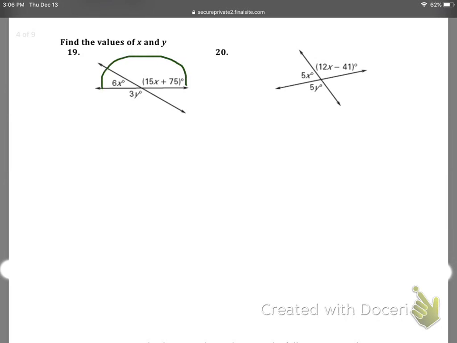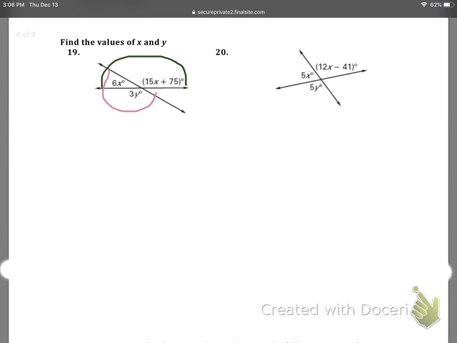I have a second linear pair that I'm going to point out, but we're not going to use right this minute. That second linear pair is right down here. They will also sum to 180, but I can't solve for x or y because I would have both an x and a y in one equation, and that's not going to work.